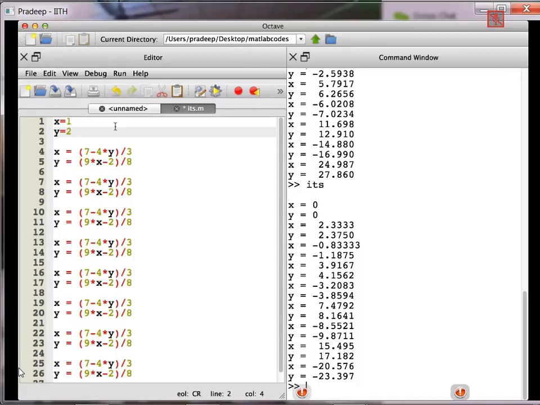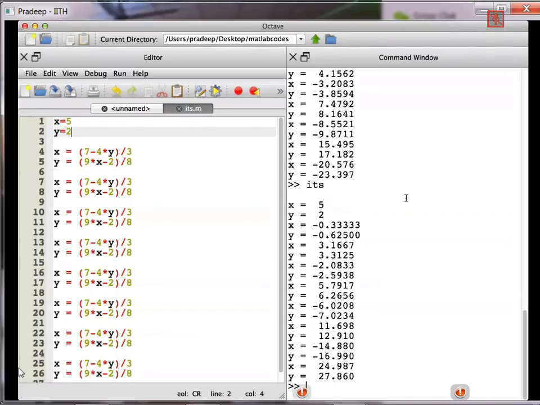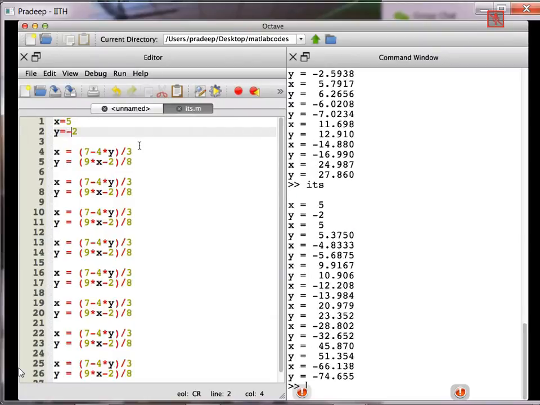I think there is some problem with our example. Okay, so I think I'll get back to it. I think I have chosen the wrong method to explain the Gauss-Seidel method.